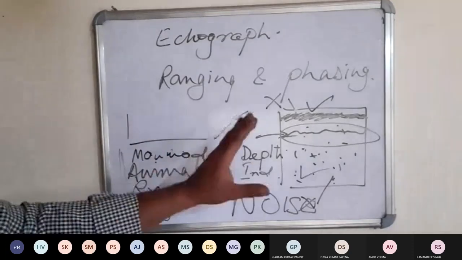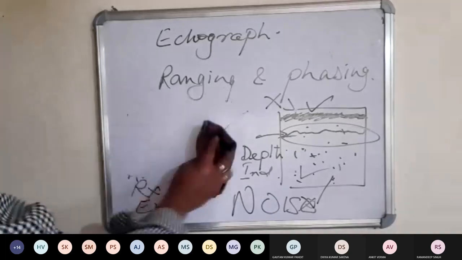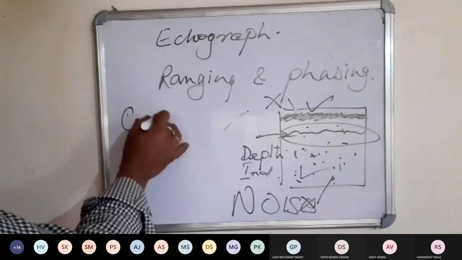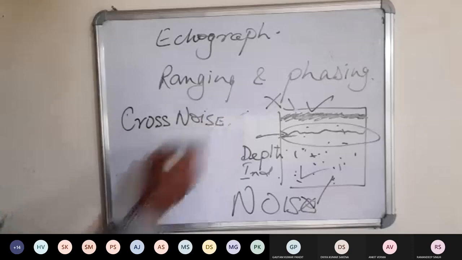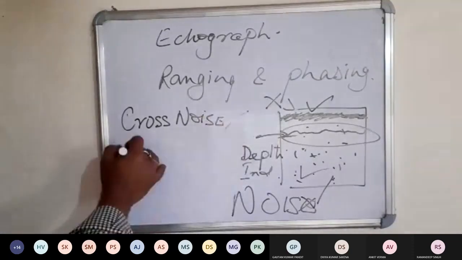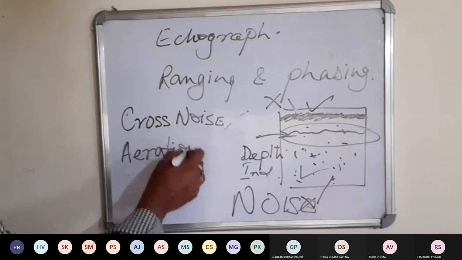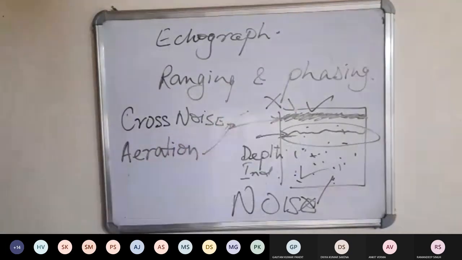We will just talk about two of them. What we term as cross noise. And also something called aeration. Both of these are producing similar kind of effect.